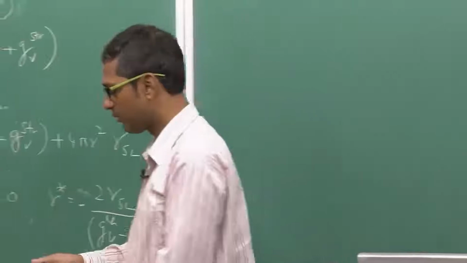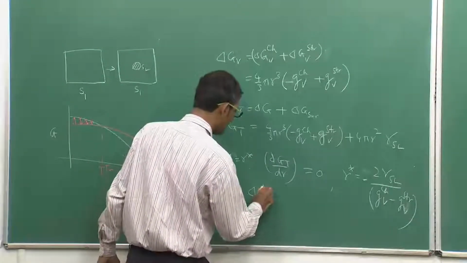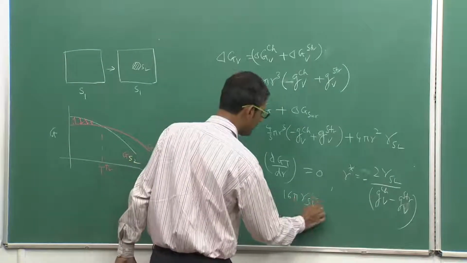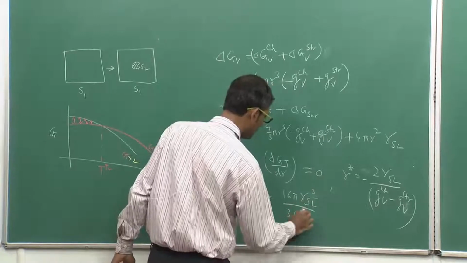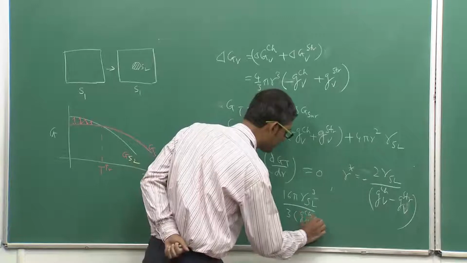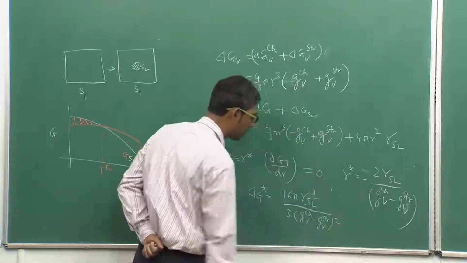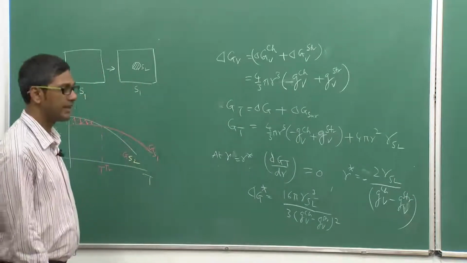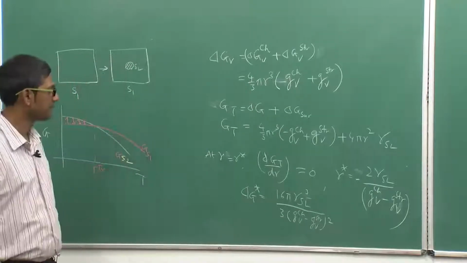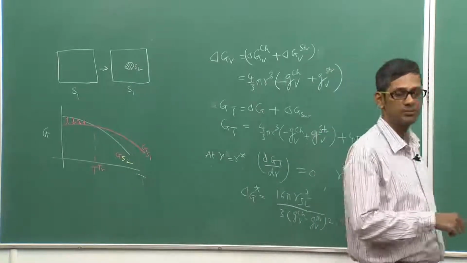Similarly, one can calculate G star, again delta G star. Nothing will change much in the numerator, but this one will change: (G_V^CH minus G_V^strain) whole square. That is how it will change, nothing else will change. So, again the critical value, that is the height, will also decrease because this has decreased.